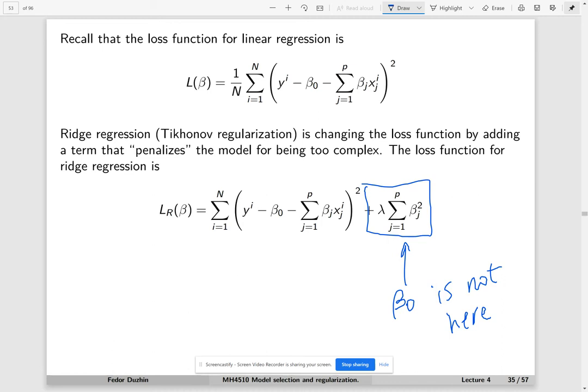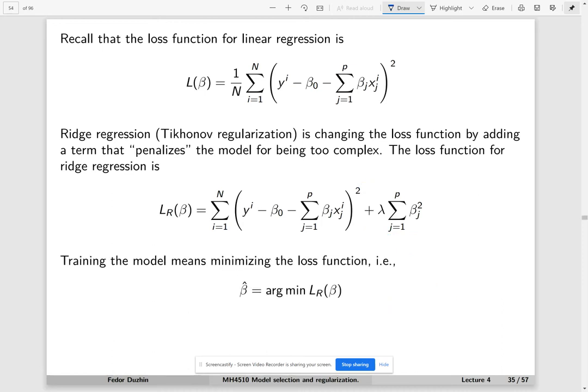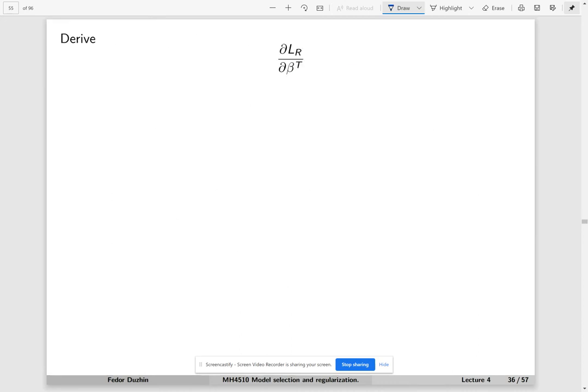So it cannot really be too complex, which is why we do not include it. So training this model means minimizing the loss function. Just like when we train a linear regression, we minimize the loss function for the linear regression, when we train a ridge regression, we minimize its modified loss function.